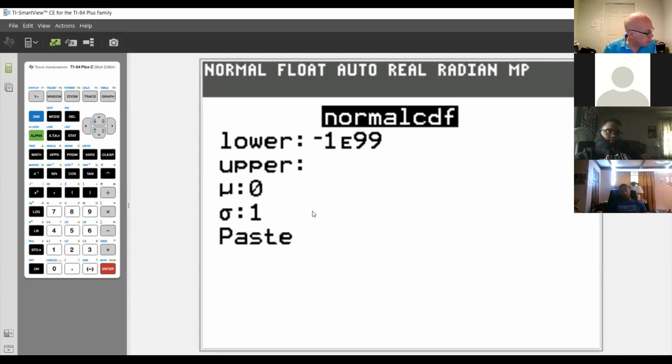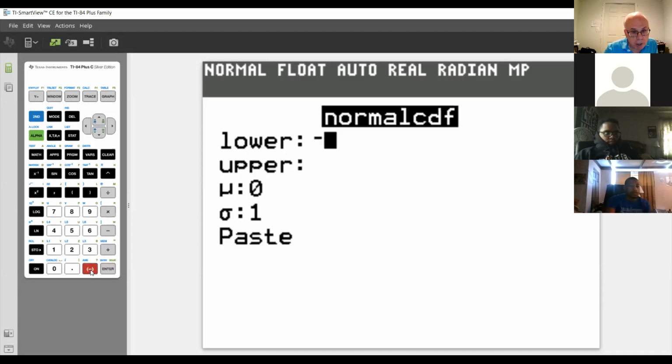Now it's between negative 2.22, so that's our lower endpoint. Remember, where the negative sign is, we don't use the subtraction sign. Negative 2.22. Scroll down to the upper endpoint, 0.53. It's already defaulted to the mean of 0 and standard deviation of 1, so that's correct.